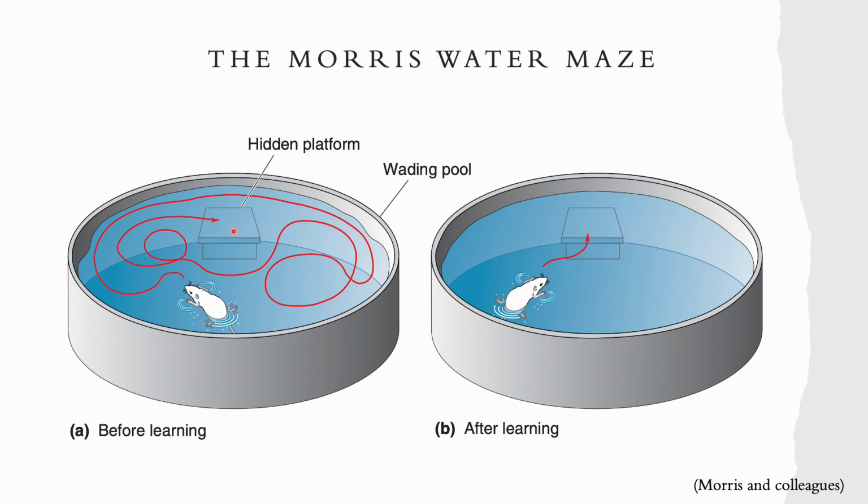This test measures learning and memory by testing rats' ability to find this platform and assesses spatial memory and learning strategies. Researchers typically use this to study brain mechanisms underlying spatial navigation and memory formation. And what's also interesting to note here is that both long-term potentiation and spatial learning require NMDA receptor activation.